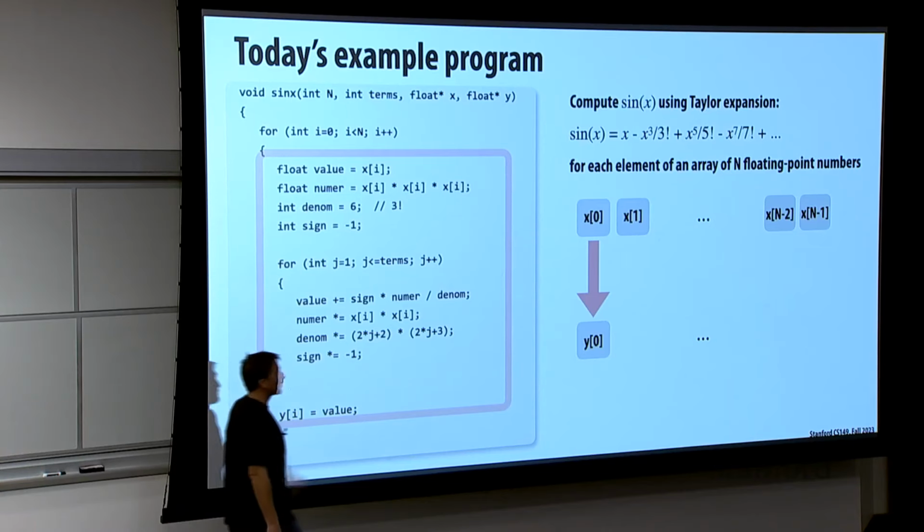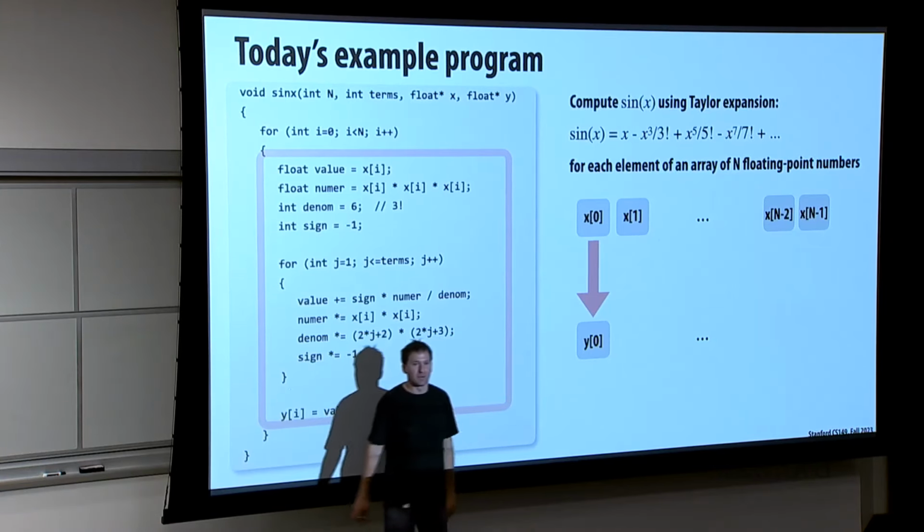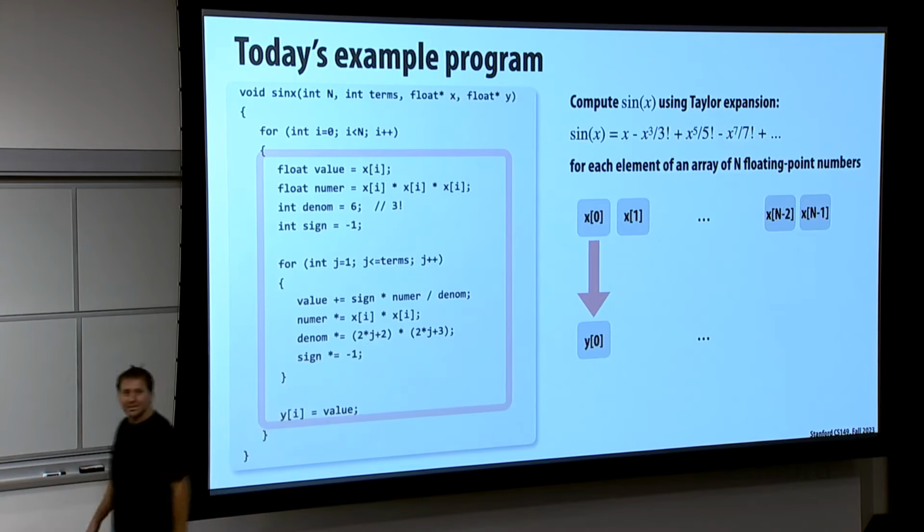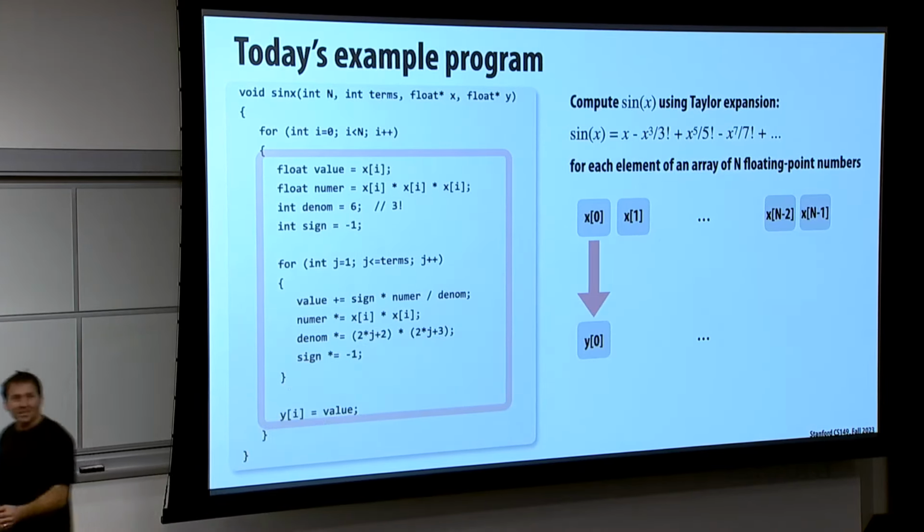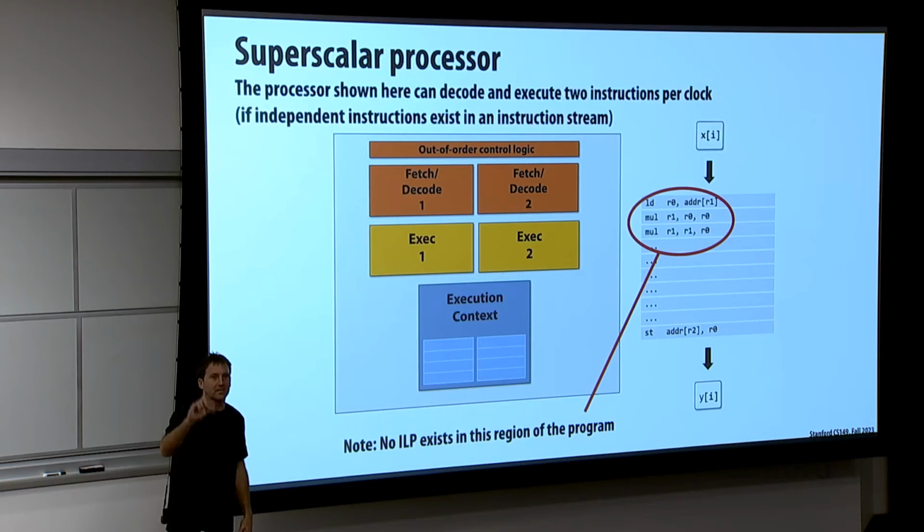So this gets back to the broader thing. There's tons of parallelism in this program, because we can process every element of this array completely in parallel. But if all the processor is doing is looking at micro instruction sequences, all it sees is dependent instructions.